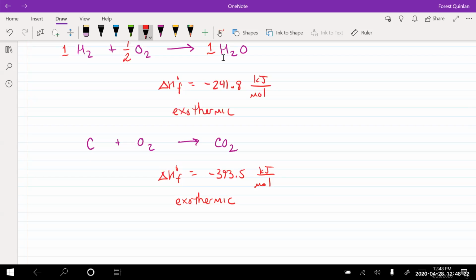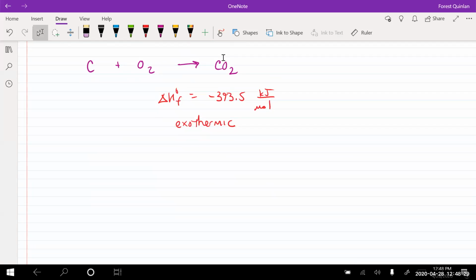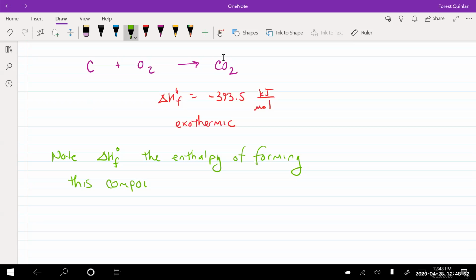Now, if you notice, this is always here starting with elements to make the compound. So note, delta H naught of formation is the enthalpy of forming this compound. And here's the kicker, from the elements.